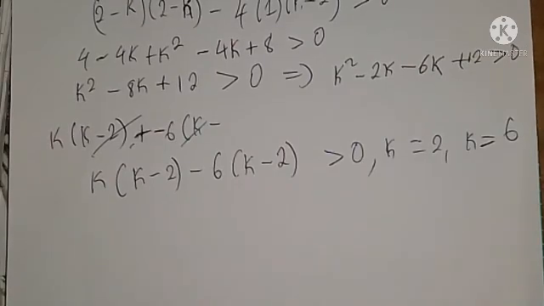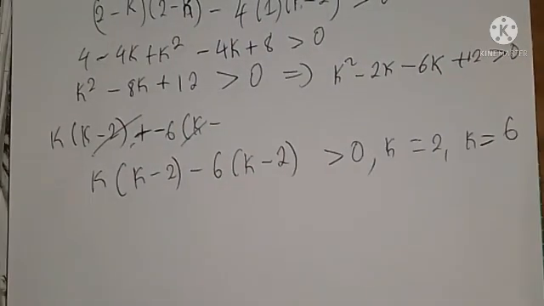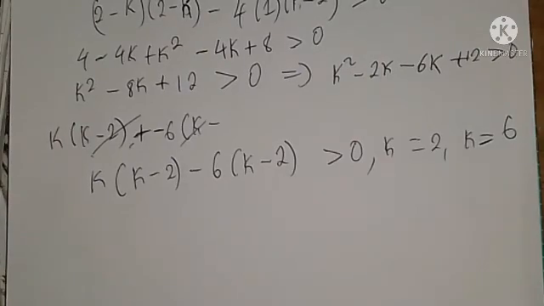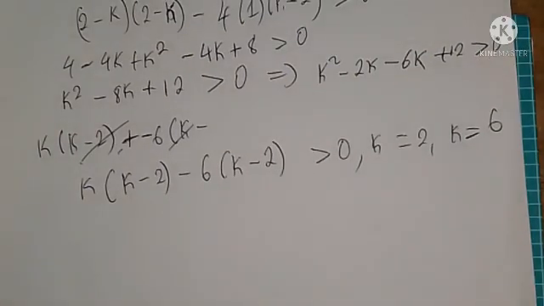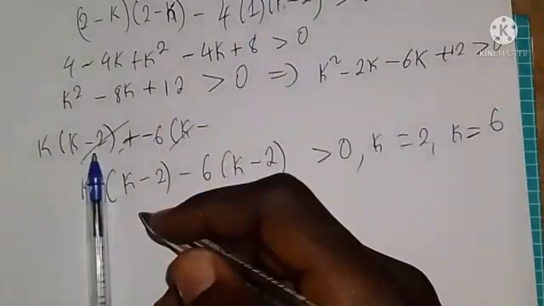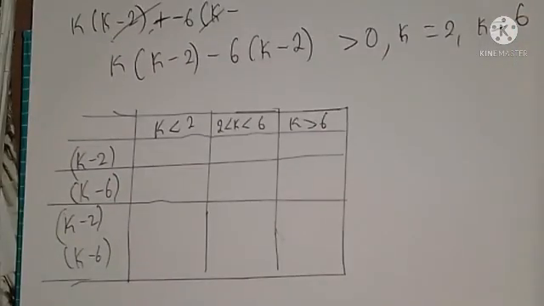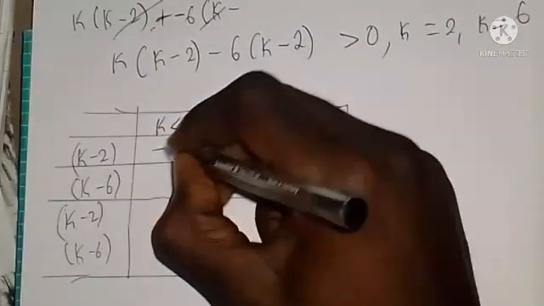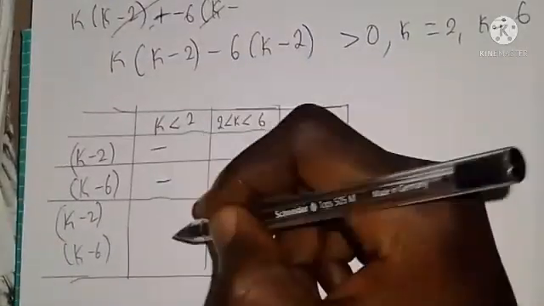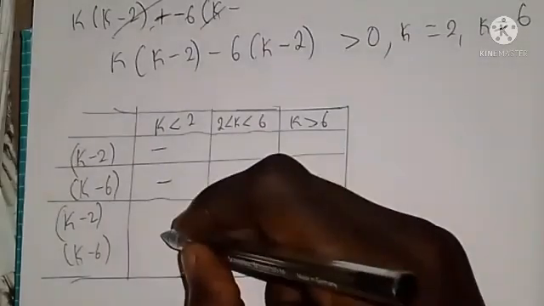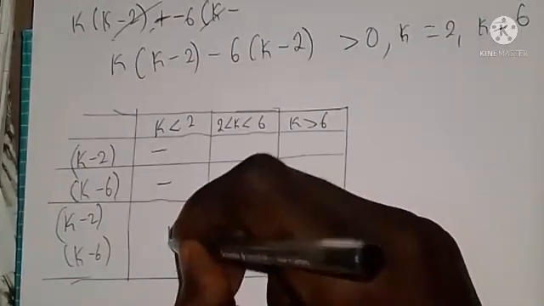So from here, we just need to get the table with some values. Well, this is the general table we should usually use for inequalities. So what we're going to do now is, for values of k which are less than 2, we can work with 1 in this particular situation, and we're going to have a negative value here, another negative value here, and multiplying negative and negative will give you a positive value.